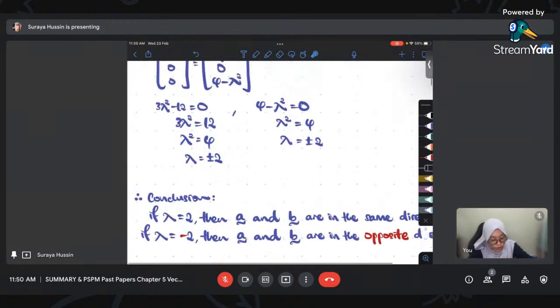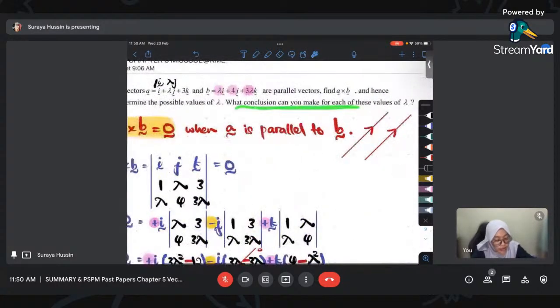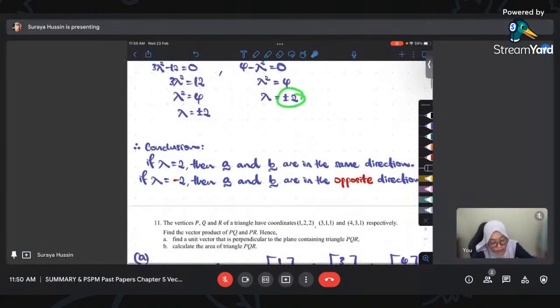And so, you buat conclusion sebab soalan yang minta. Soalan yang minta, what is the conclusion can you make that this values of lambda? So you have two values of lambda. When you have the two values of lambda, it means you have two direction. Jadi, buat je lah conclusion saying that if lambda is positive 2, then A and B are in the same direction.